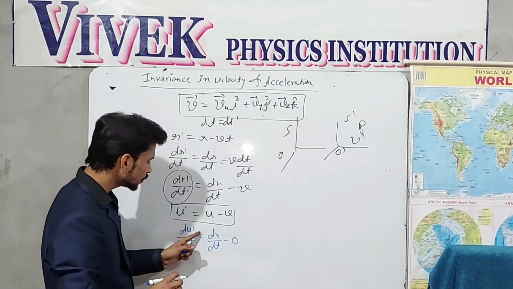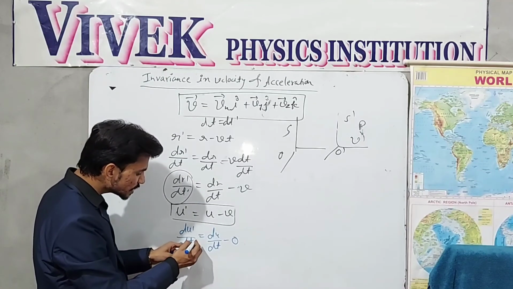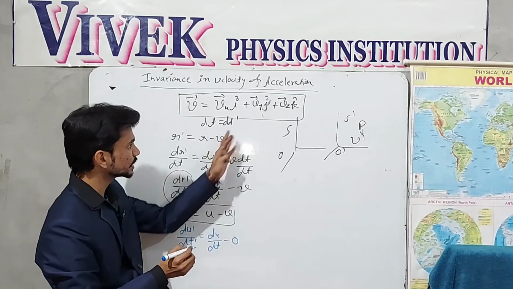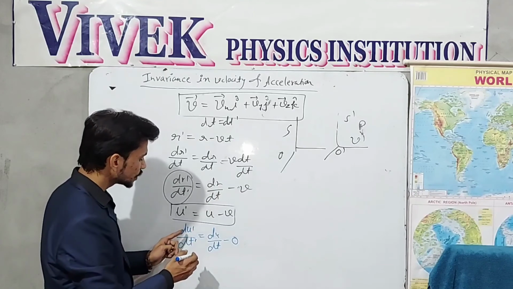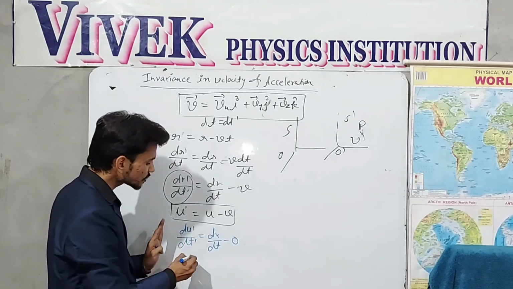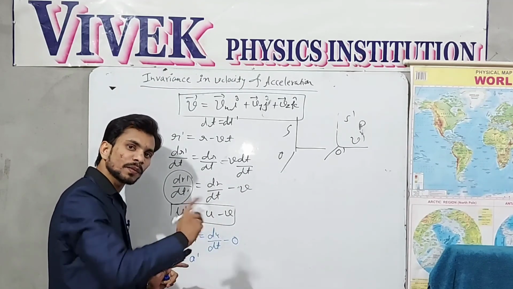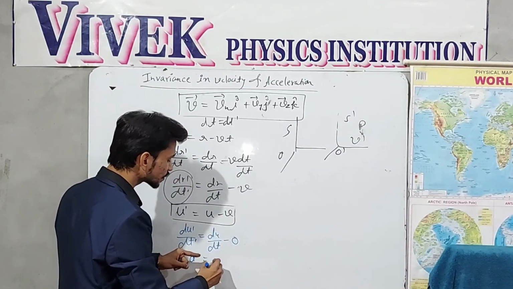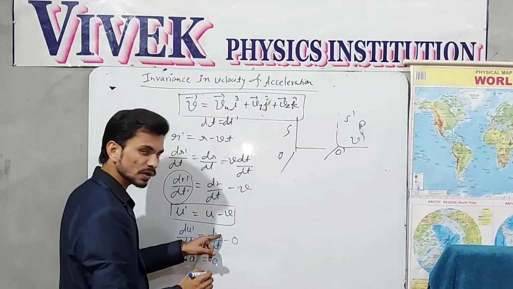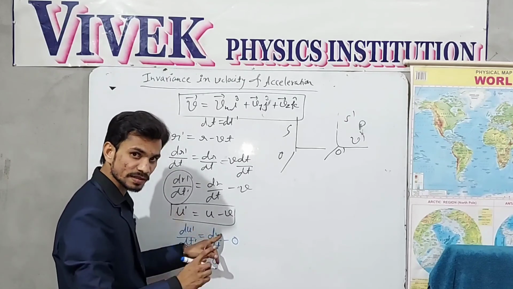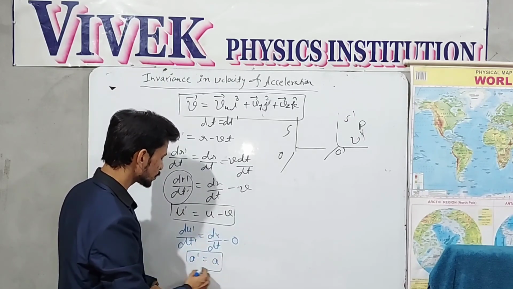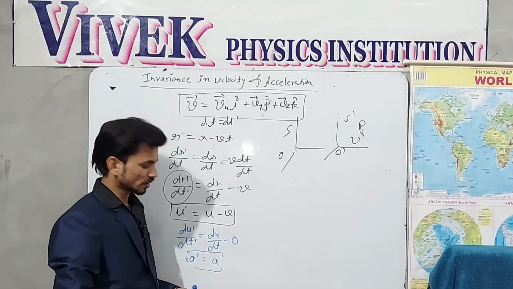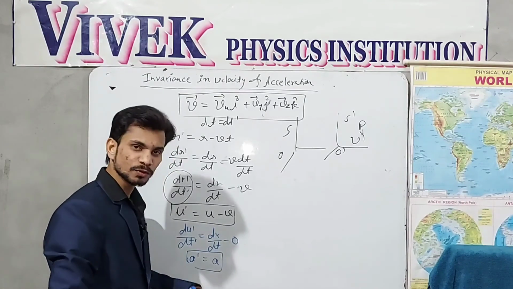Now du dash over dt can be written as du dash over dt dash because dt equals dt dash. So du dash over dt dash gives me the acceleration observed in the frame of reference S dash, and this gives me the acceleration, because this is the derivative of the velocity observed in the frame of reference S. So a dash equals a.